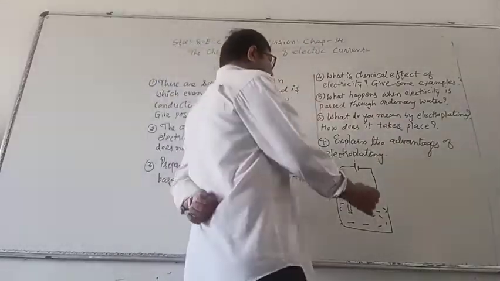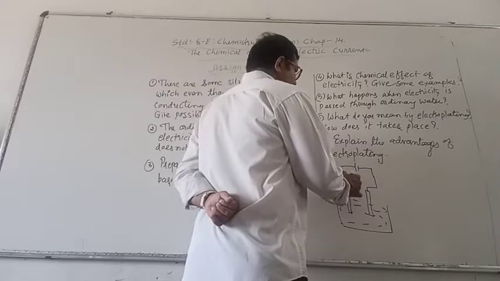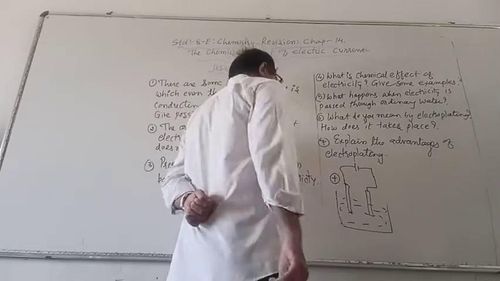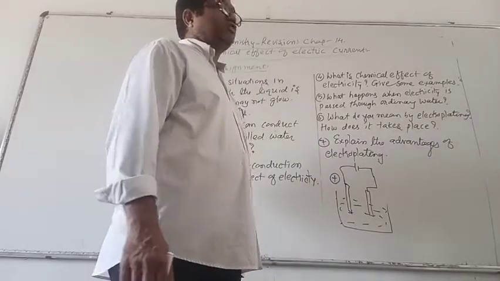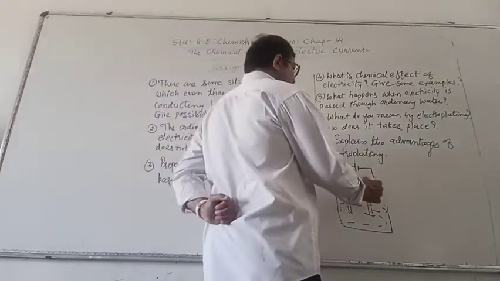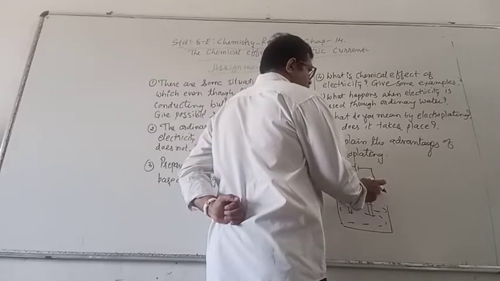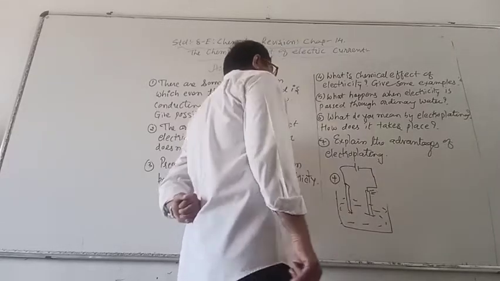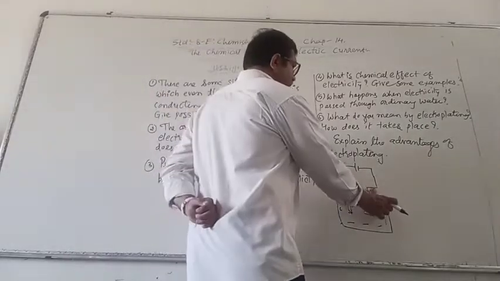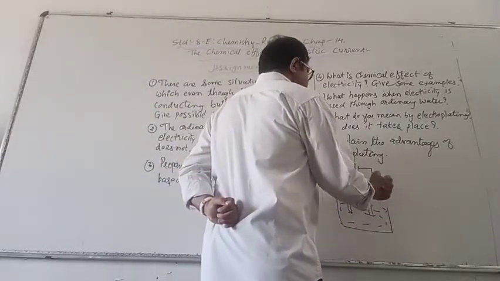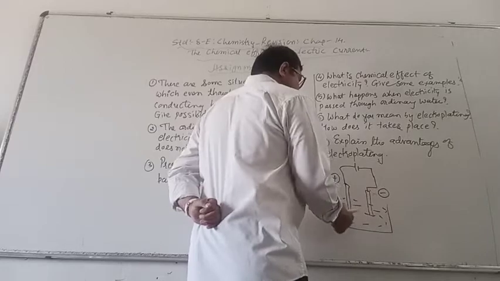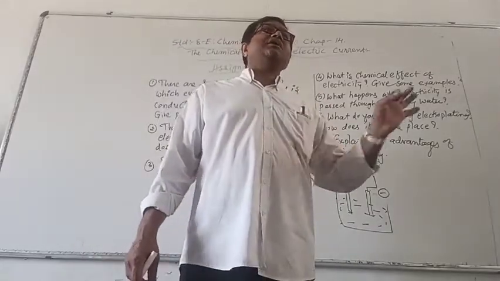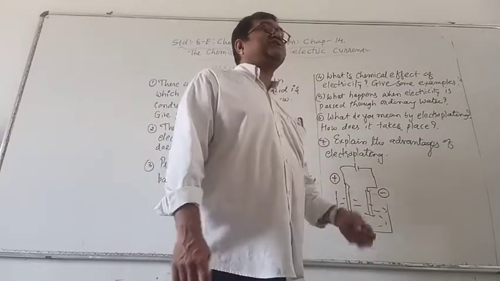So the desired metal which we are putting is put as the positive electrode, and the other material on which we are going to electroplate, we take as the negative electrode. So now when we pass the current, in the solution also we have to take the solution of the desired metal as the liquid.